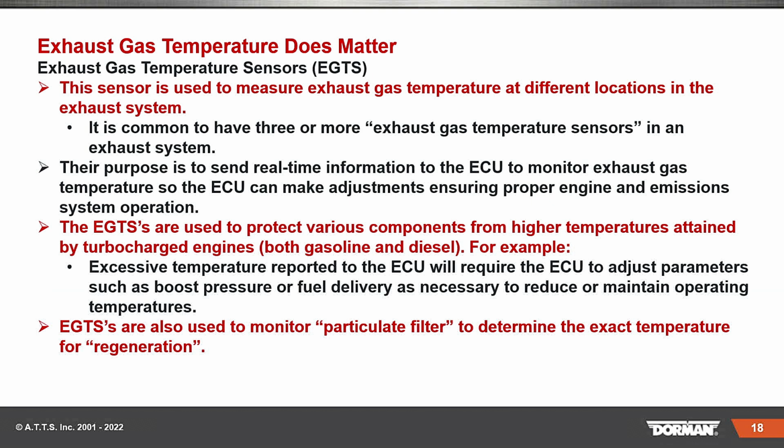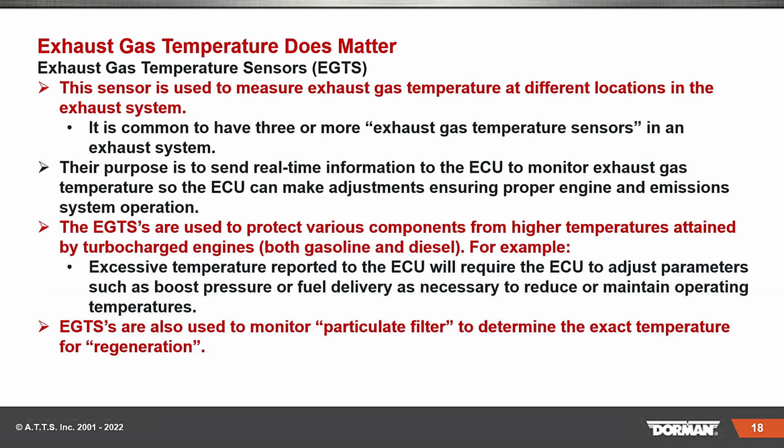EGTs are used to protect various components from high temperatures attained by the turbocharger. Excessive temperature reported will require the ECU to adjust parameters, such as boost pressure and fuel delivery, as necessary to reduce or maintain operating temperatures. They're also used to monitor the particulate filter and determine the exact temperature for regeneration.